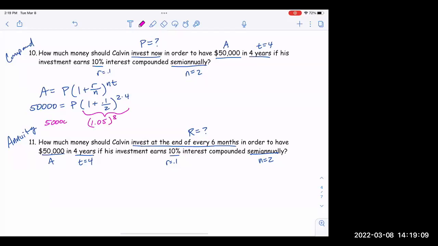So I've got 50,000 equals P times 1.05 to the 8th power. I'm going to raise that to the 8th power. That gives me a huge decimal there. So I'm getting 50,000 equals P times 1.47745544, and I'm assuming that keeps going, but that's as far as my calculator shows.